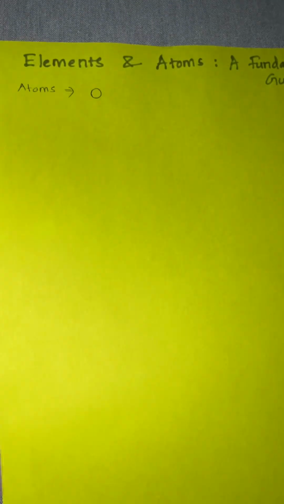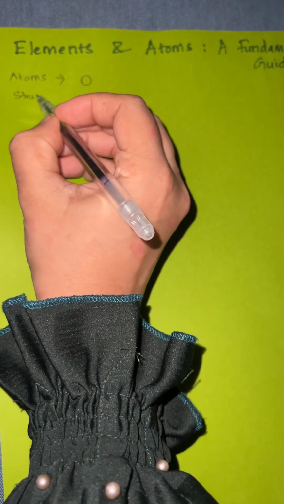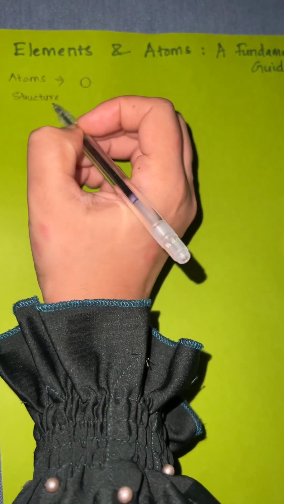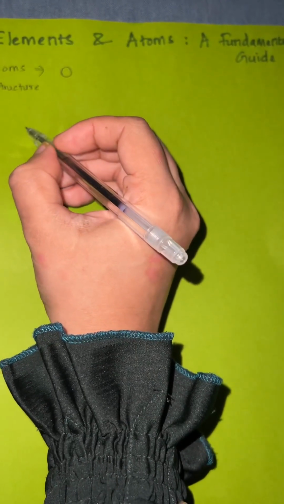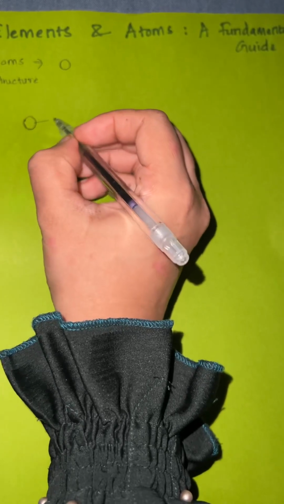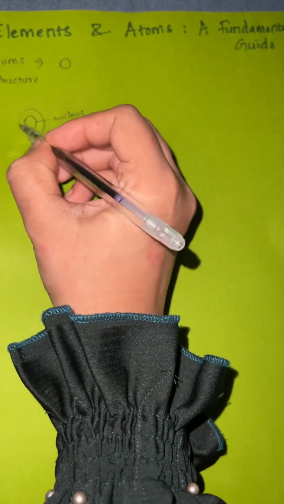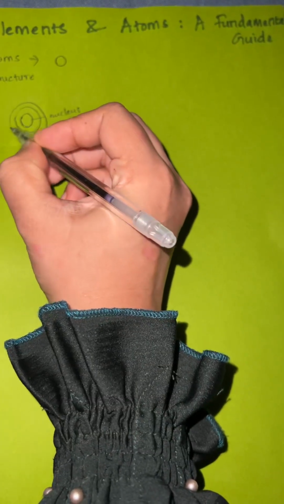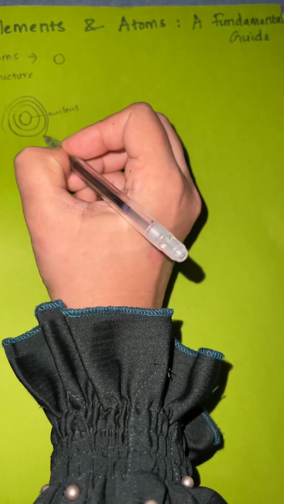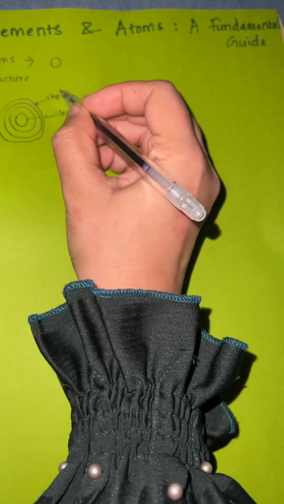So let's consider the structure of an atom now. So we have the subatomic particles. Always in an atom, in the center, we call it the nucleus. And there are orbits around the nucleus, so we call them the shells.